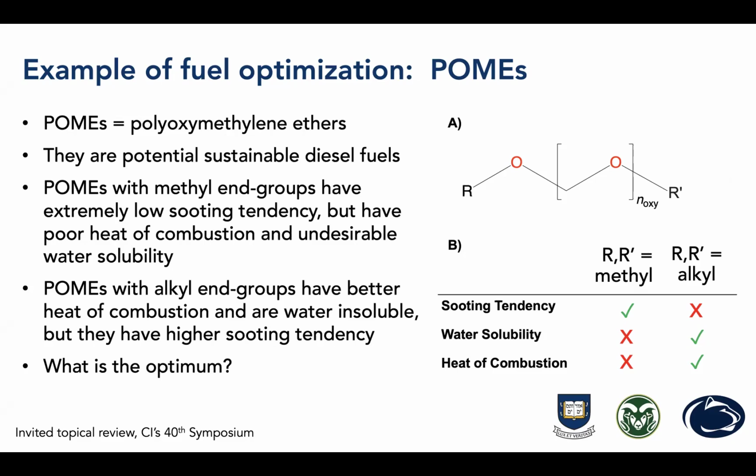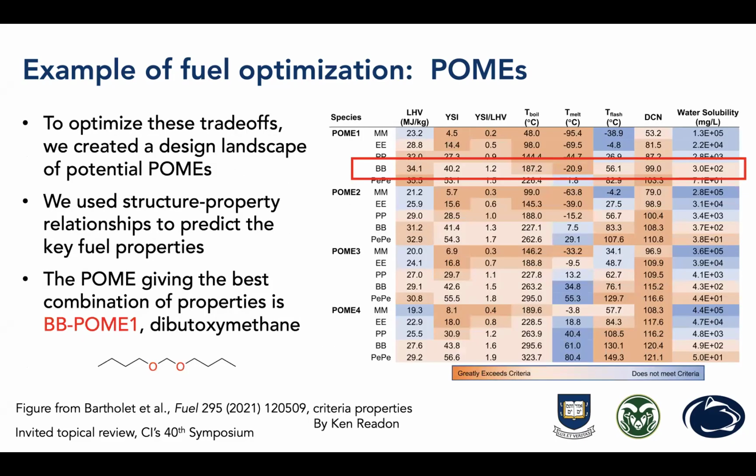So how do we find the optimal fuel structure? To examine the trade-offs, we have designed a landscape of potential POMEs and use structure property relationships to predict key fuel properties.